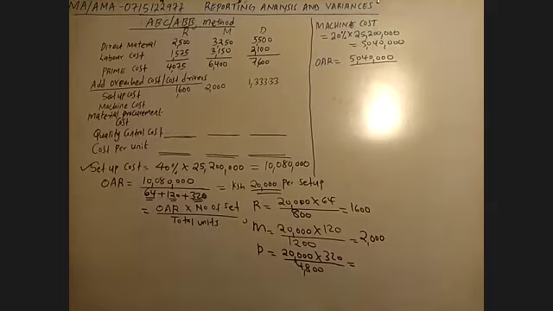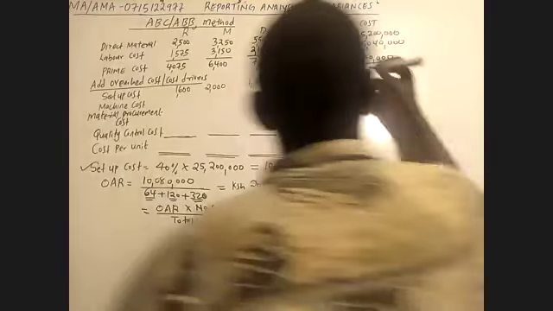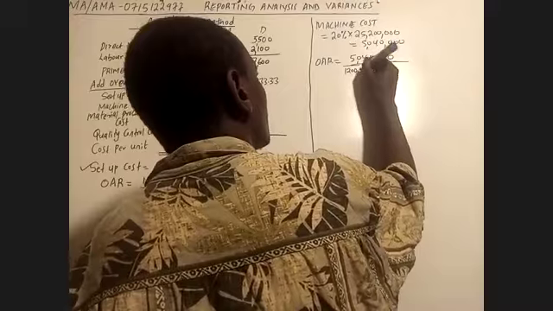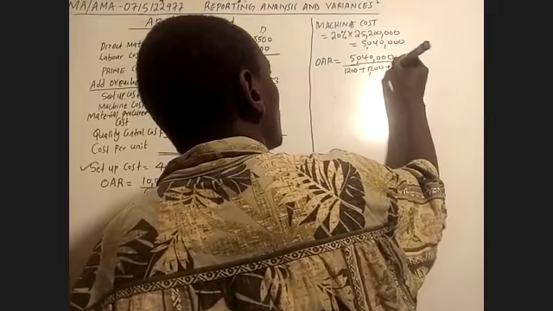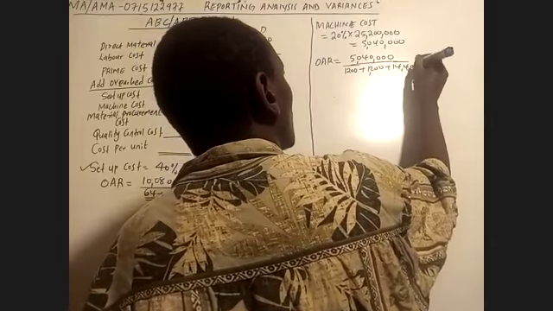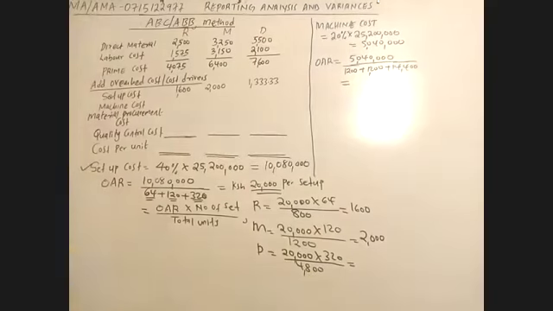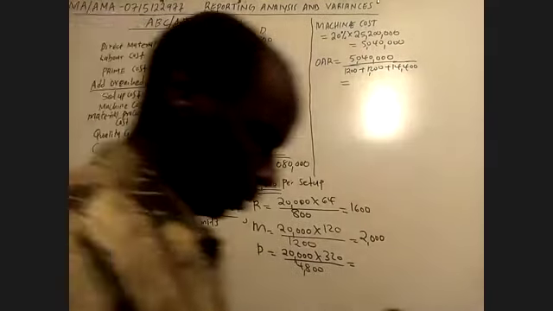So the number of machine hours: 1,200, 1,200 and 14,400. So that we can get our OAR in terms of machine hours.